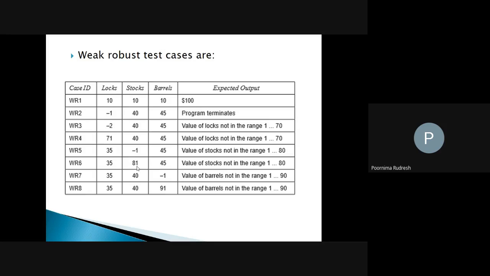Because the maximum stocks for the salesperson given is 80, more than 80, then it will display the error message. Understood? Next we'll move on to the barrels. -1, then it is less than the minimum value, then we'll get the error message. Similarly, if it is 91, it is greater than the maximum value, then also we are getting the error message as the value of the barrel is not in the given range.